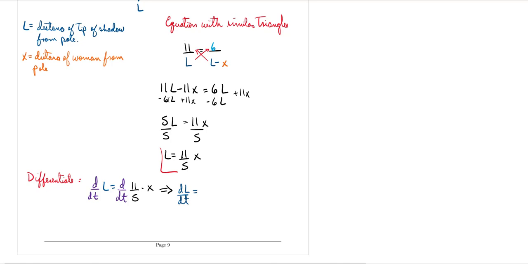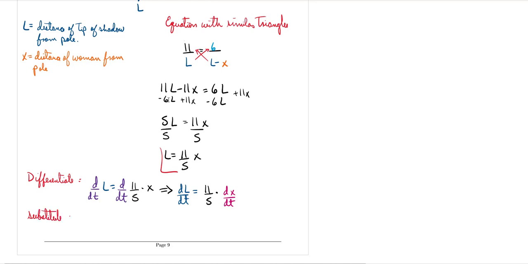And that's equal to 11/5, which is a constant. It comes along for the ride. Now what is the derivative of x with respect to time? Well, that is just dx dt. And there we go. Now all that we need to do is substitute.